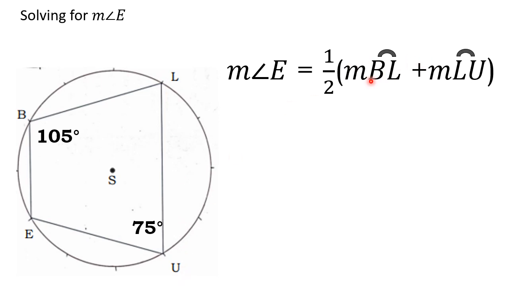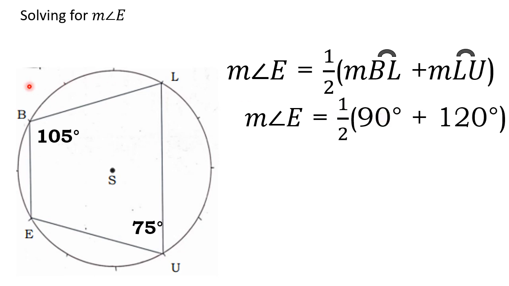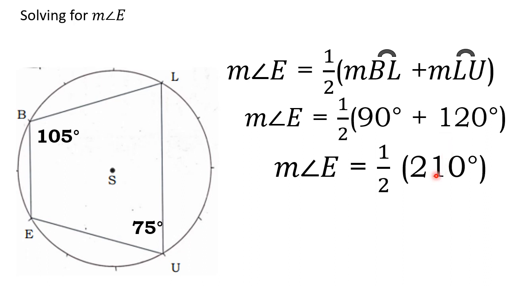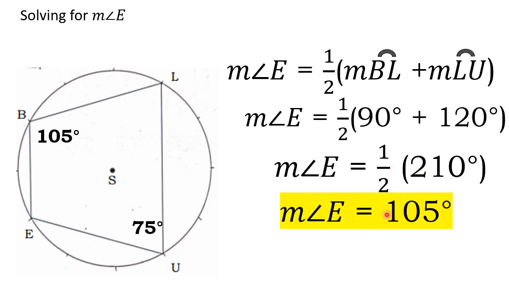So we have to add the measurement of arc BL, which is 90 degrees that we have already solved a while ago, and arc LU is already given, which is 120 degrees. So 90 plus 120 is equal to 210 degrees, and half of 210 is equal to 105 degrees. Therefore, angle E is 105 degrees.